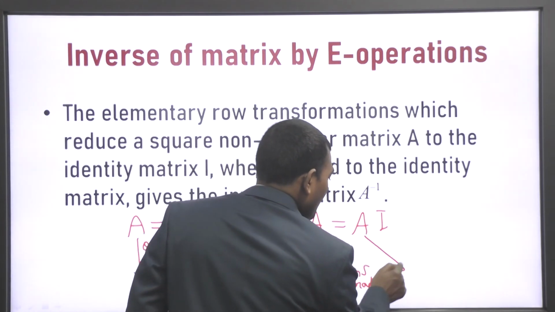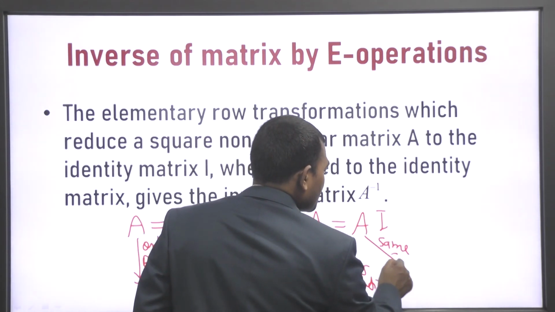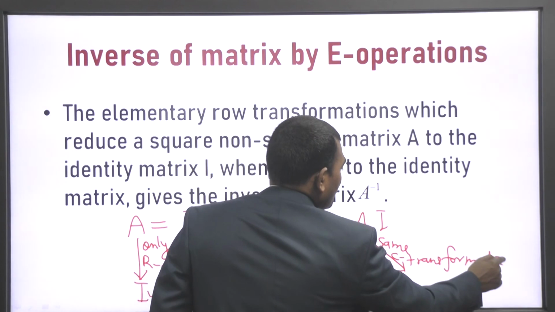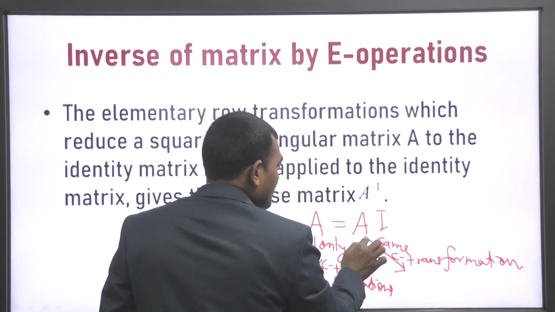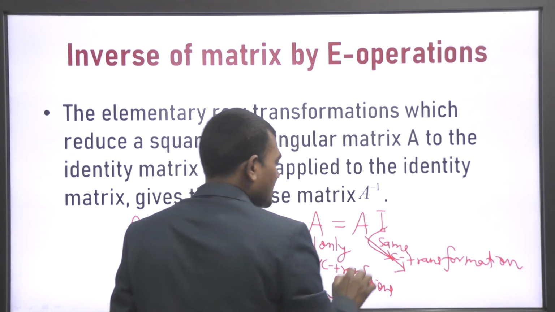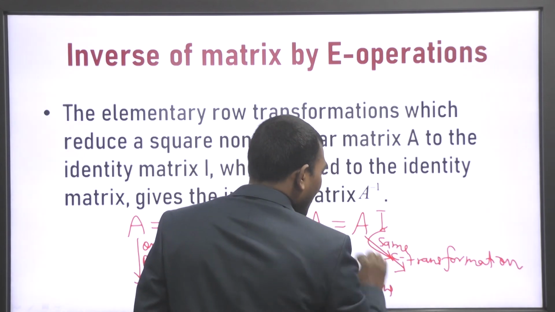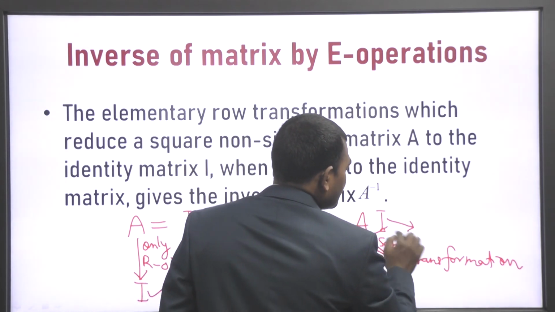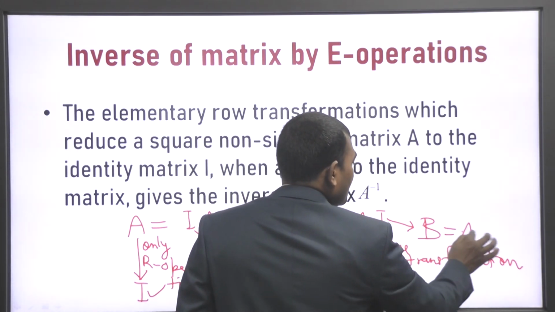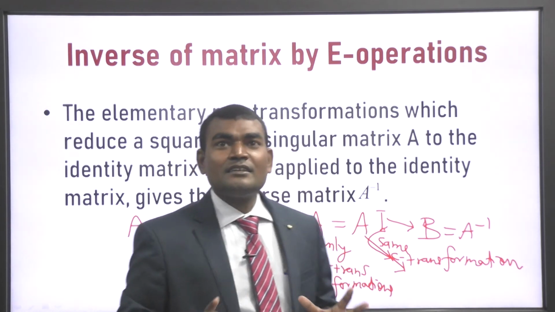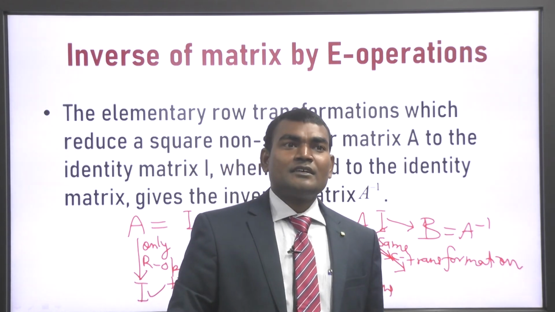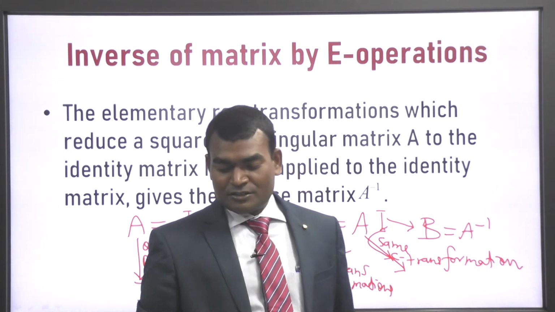In the same way, the same column transformations are applied on the post factor I, then this I will change into another matrix B, and that will be A inverse. This is the method to find the inverse of a matrix by elementary transformations.